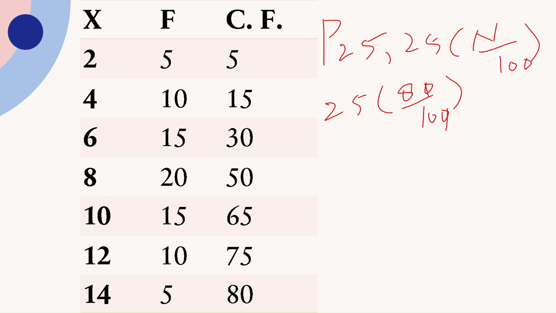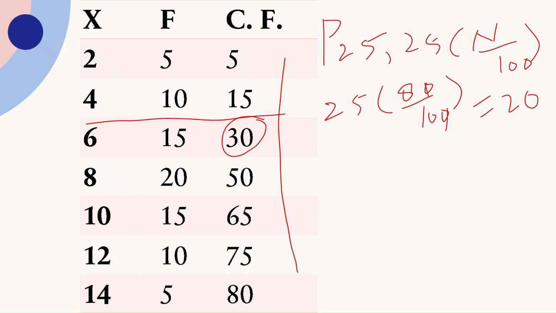That is equal to 20. Same pattern. Now I have to search this 20 in the cumulative frequency. 20 comes in 30. Select this class, and the value of X is 6. So P25 is 6.